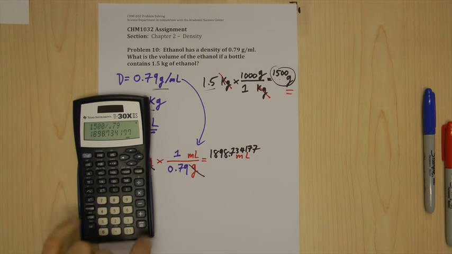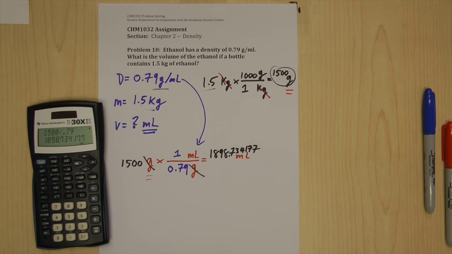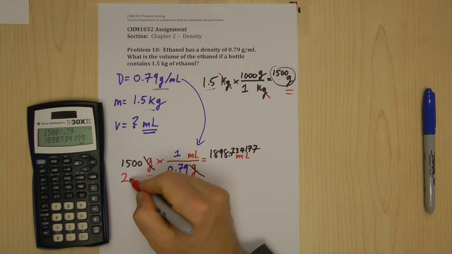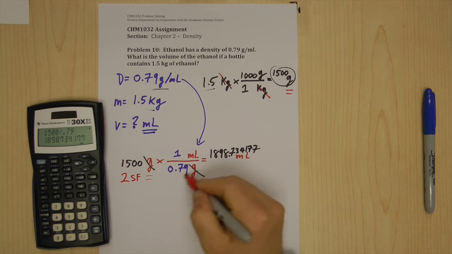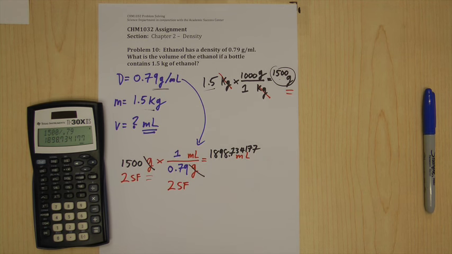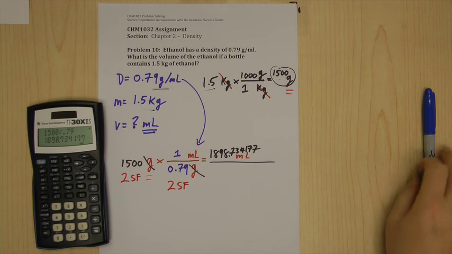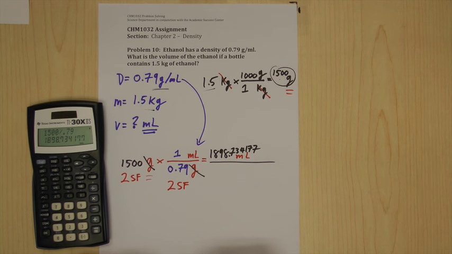Again, we are the scientists, so we have to interpret what the calculator told us. Two significant figures. So my final answer can only have two significant figures. Be very careful with this number. This number is 1,898 milliliters, basically.